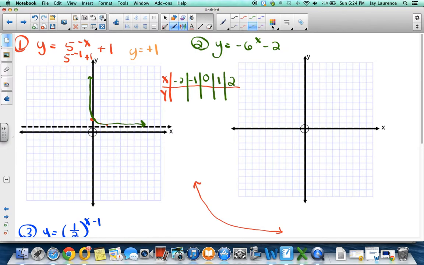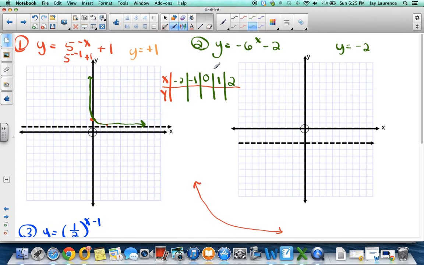Now I'm going to look for the asymptote. The asymptote is going to occur at y equals negative 2. So it's going to be a horizontal line at y equals negative 2, like that. And I think this one's going to approach from below. Why do I think that? Because the base is negative, not because of the negative 2, because the base is negative right here.